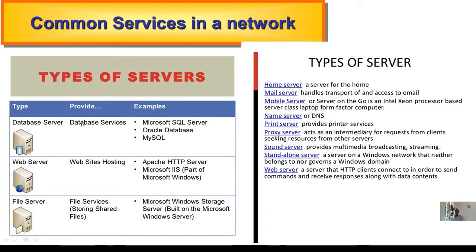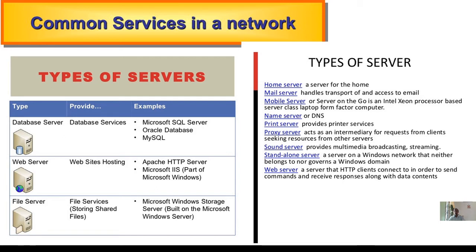The database server provides database services. A database means a collection of data stored in a file. Here are examples of database servers: MySQL, Microsoft SQL Server, Oracle database. These are examples of database servers.